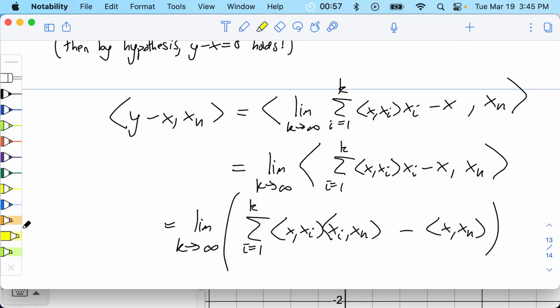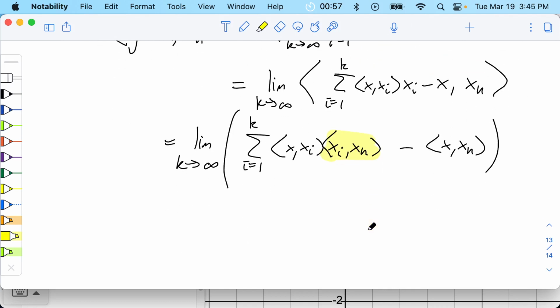It's very tempting to look at this thing and say, xi with xn, hey, it's an orthogonal system, that's always 0. But it's not always 0. It's always 0 with one exception. And the exception is when i equals n. So this whole thing equals 0 unless i equals n. So it's going to be a lot of zeros until i equals n.